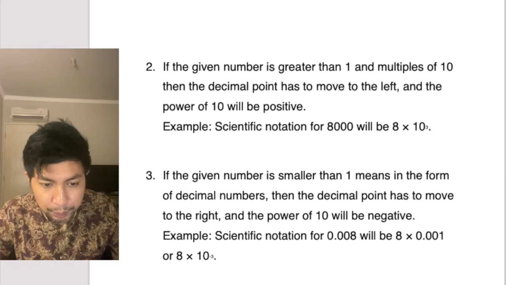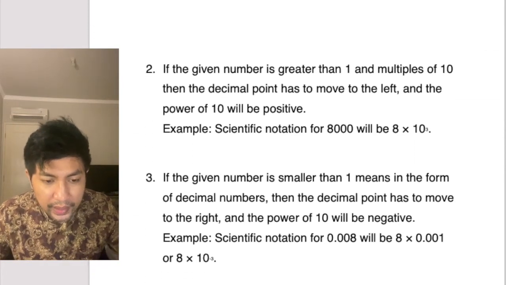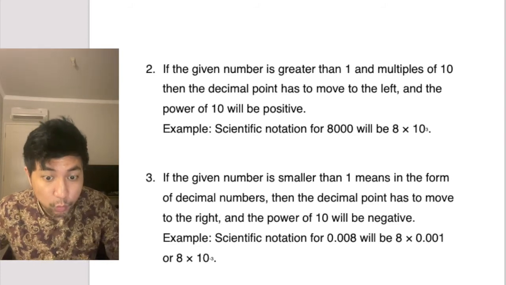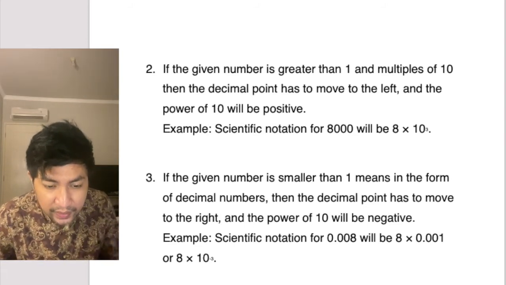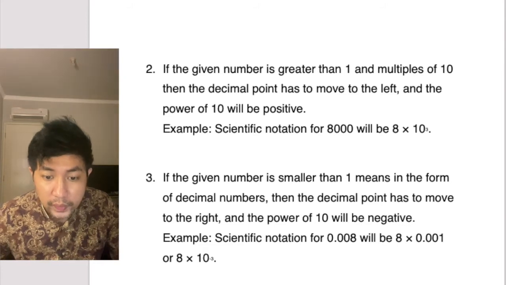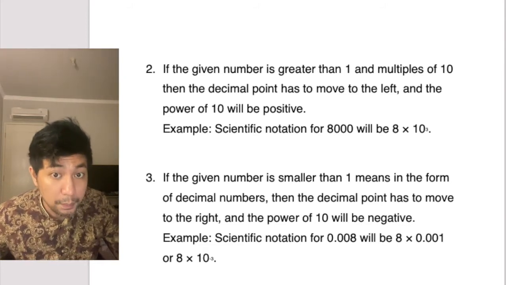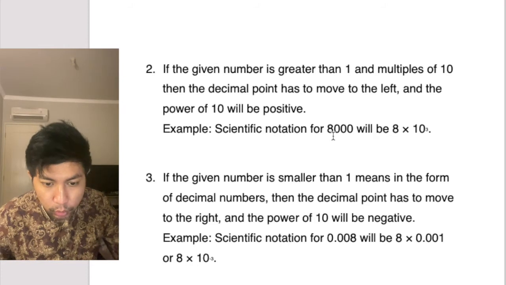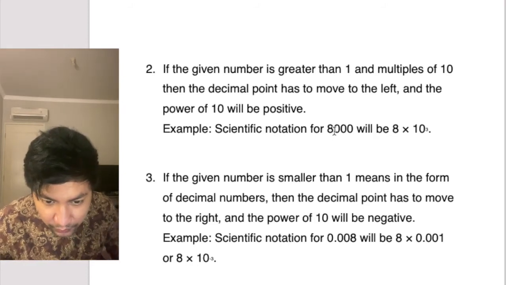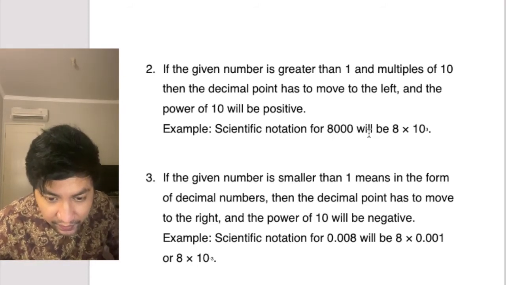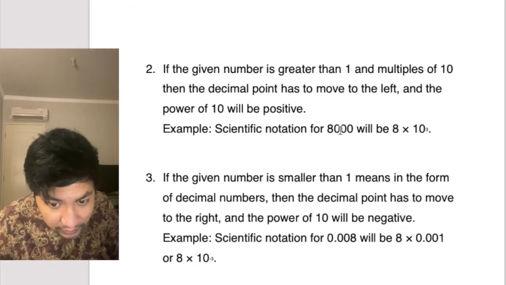Rules number 2 and 3. If the given number is greater than 1, in multiples of 10, then the decimal point has to move to the left and the power of 10 will be positive. Example: 8,000 will be 8 times 10 to the 3rd.